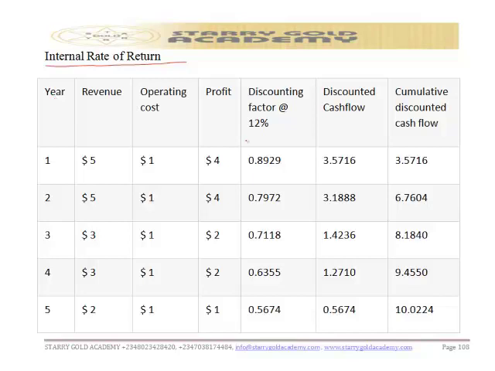Understand? So internal rate of return is the discount rate that makes the NPV of a project equal to 0. Remember, present value minus initial outlay is what you have as net present value.